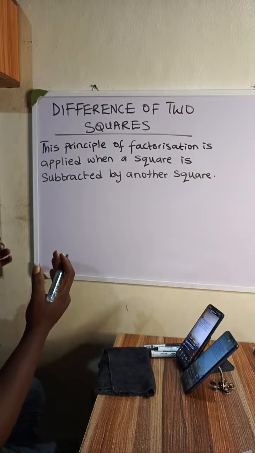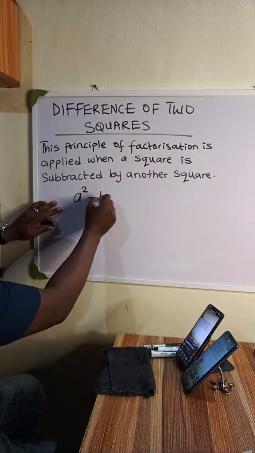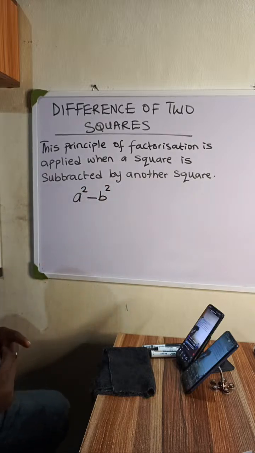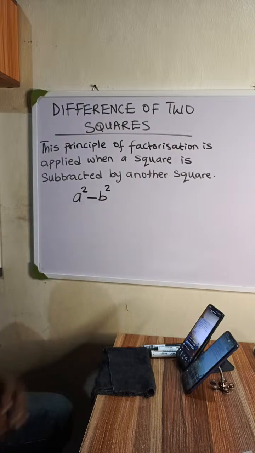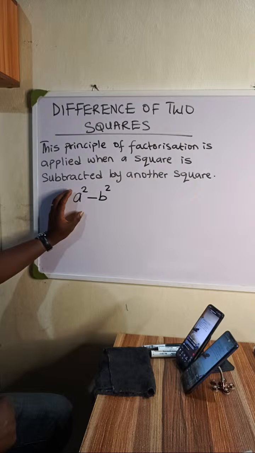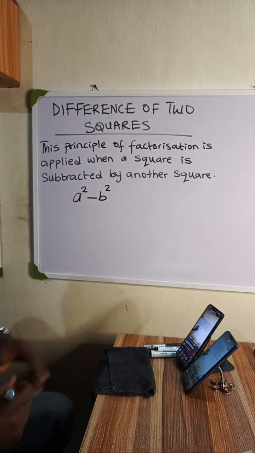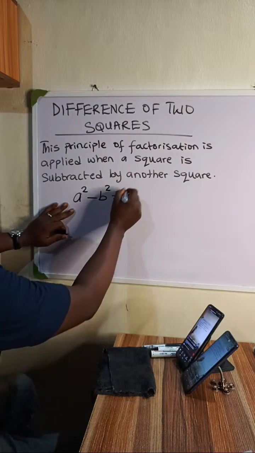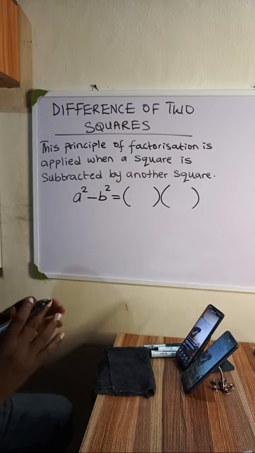If you have an algebra in the form a squared minus b squared, and you're expected to factorize it, the simplest way to do this is to open two brackets. This is not complex, okay?